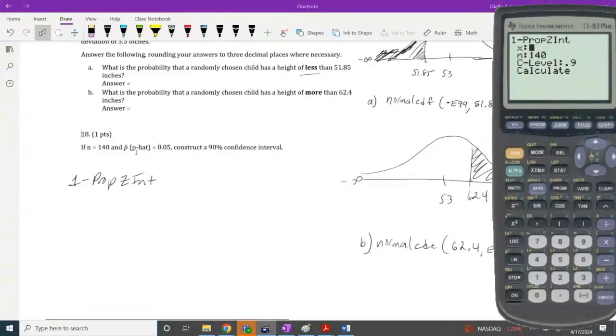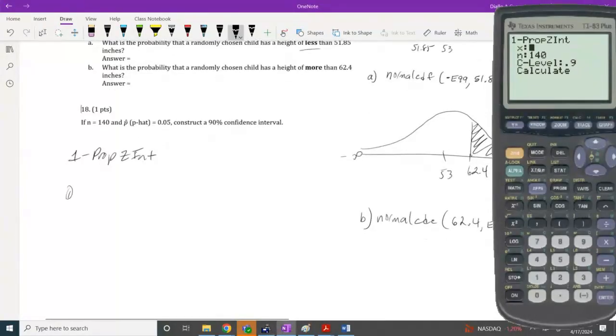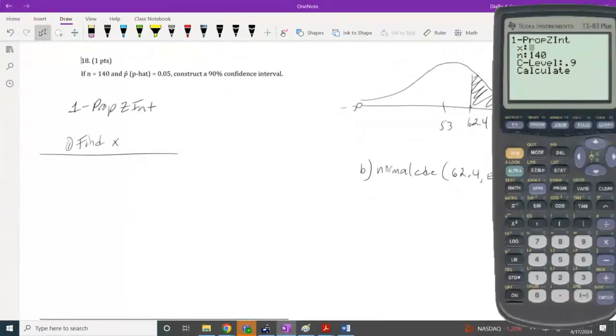There's a formula to find p hat. So I'm going to use that formula. P hat is equal to x divided by n. I'm not giving a value for x, but I'm giving a value for p hat.